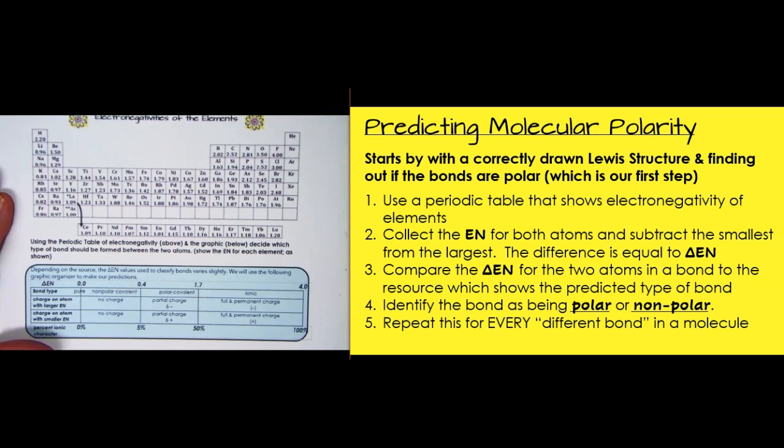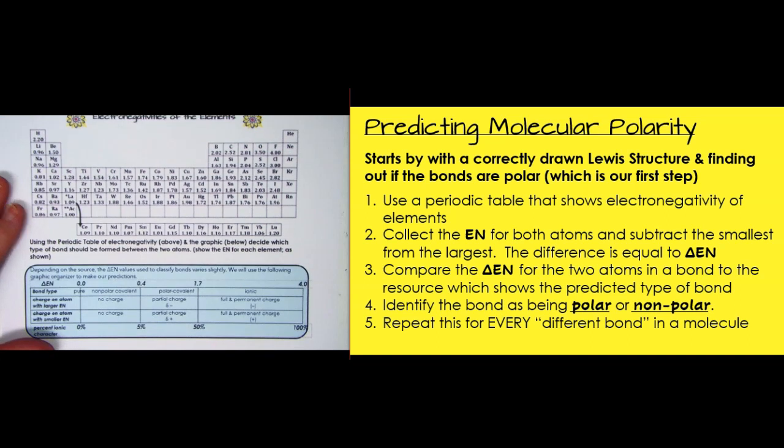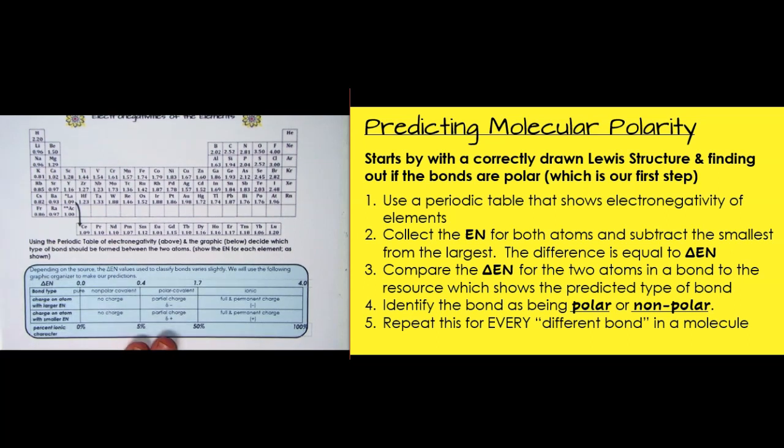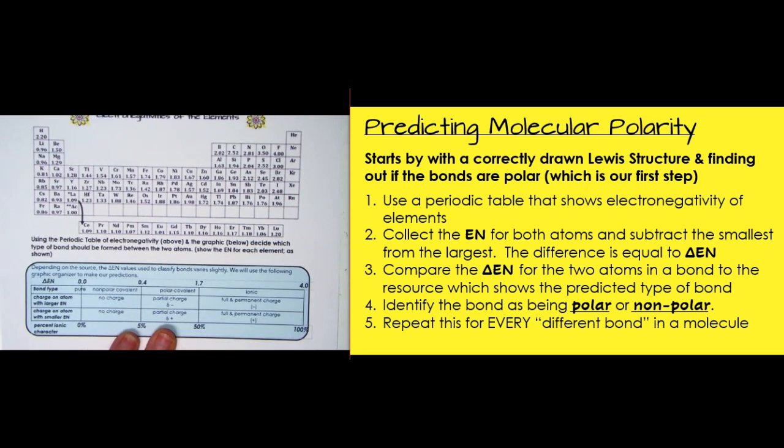You're going to collect the electronegativities for the elements that you're looking at in their bonds, and then you're going to get the difference between them, subtracting the smallest from the largest. You'll then compare your electronegativity down to the bottom in this graphic, and then you will predict the bond type. You're going to identify your bonds for every molecule, every bond, as being polar or non-polar.